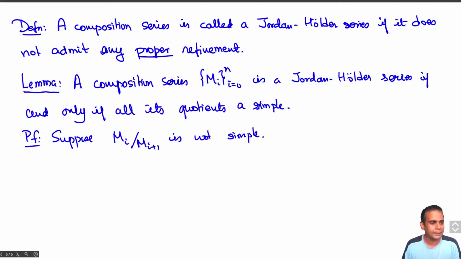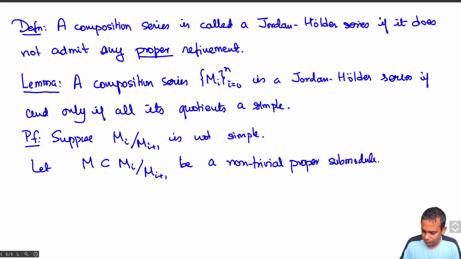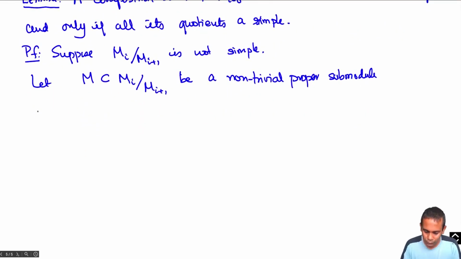So what that means is that we have a non-trivial proper submodule, say M. Then what you can do is let Q be the quotient map from M_i to M_i mod M_{i+1}.